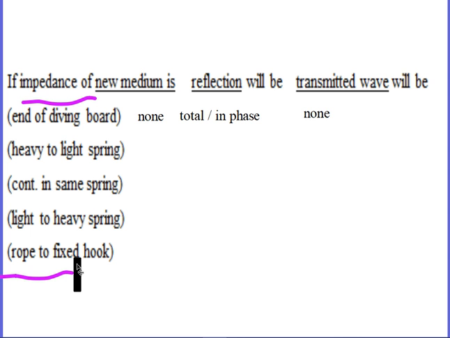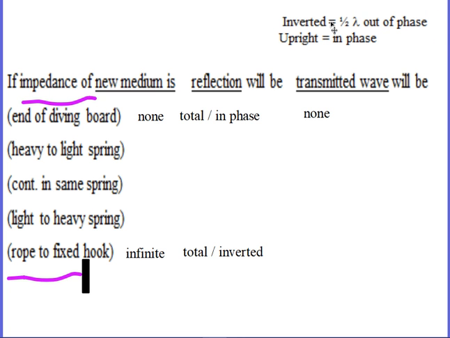Similarly, if you come up to a fixed end, then you are entering a new medium of infinite impedance. All the energy will be reflected. It will be reflected inverted, or half a wavelength out of phase, and none of the energy will be transmitted.